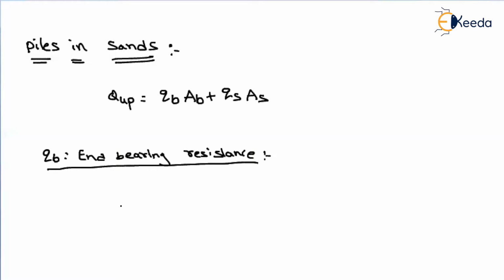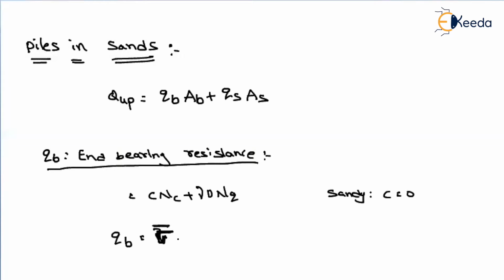So in general, how do we find the end bearing resistance? That can be represented as cNc plus gamma D into Nq. If you are talking about sandy soil, what about the cohesion value? It is 0. Then what about your end bearing resistance? That will be equal to gamma into D, which I will write simply as sigma bar into Nq. So QB is the end bearing resistance.